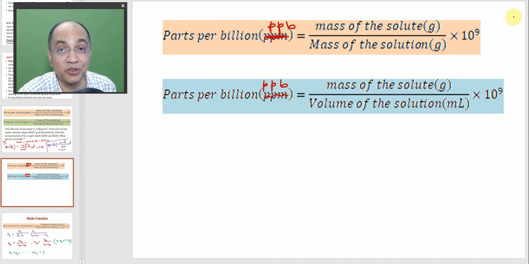Still dilute solution concentrations are expressed in ppb. In 1 billion grams of a certain solution or aqueous solution, how many grams of the solute is present? Or in 1 billion milliliters of the solution, how much solute is present? Same.